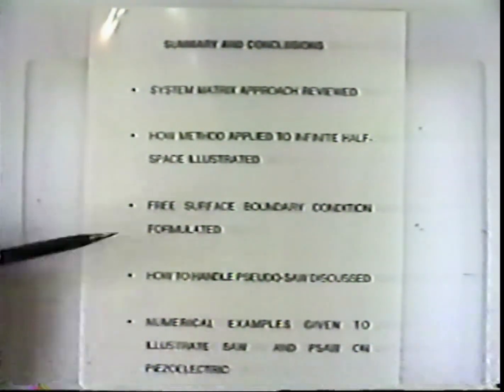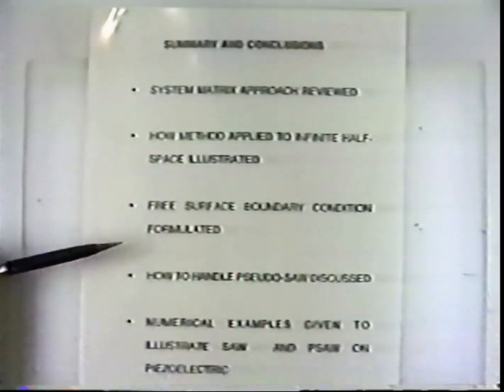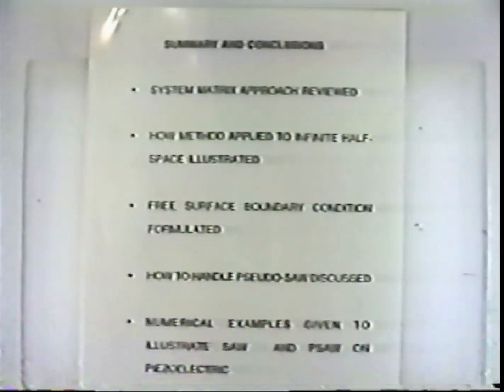We have spent some time on the infinite half space, which is a non-dispersive problem, and we talked about the solution there. We discussed the free surface boundary condition as requiring three stresses to vanish, and then depending on whether there was a short circuit or an open circuit, we looked separately at the electrical boundary conditions.